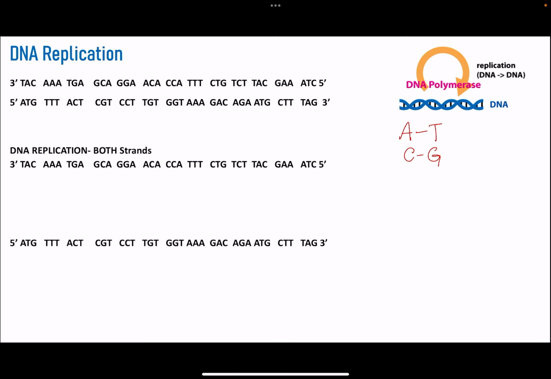So if we go ahead and get started with our complementary base pairing, on this top strand here, we're going to start at the 5' end, and we are just going to insert our complements using our base pairing rules.